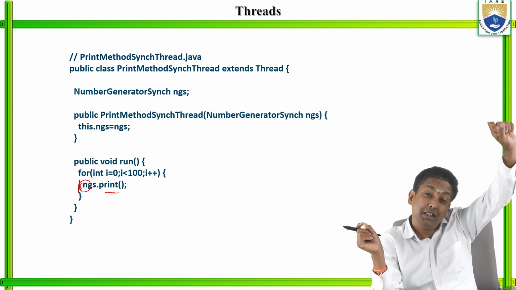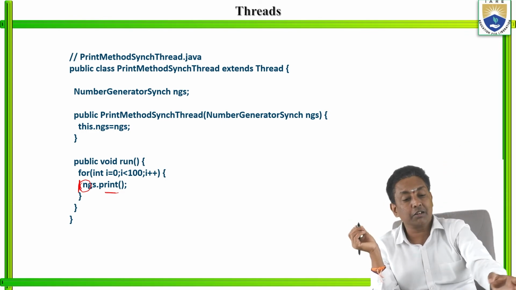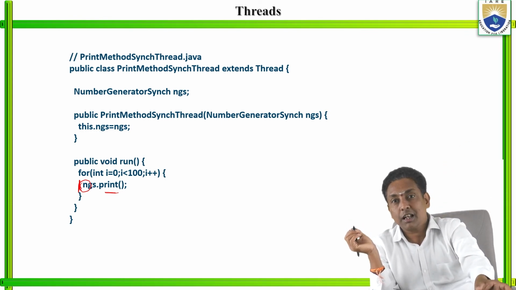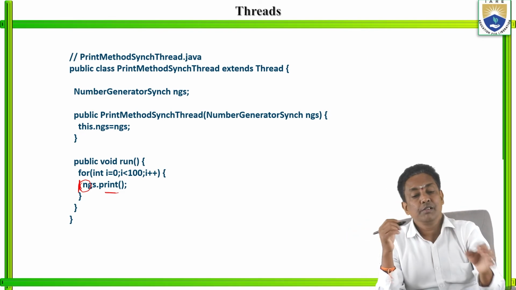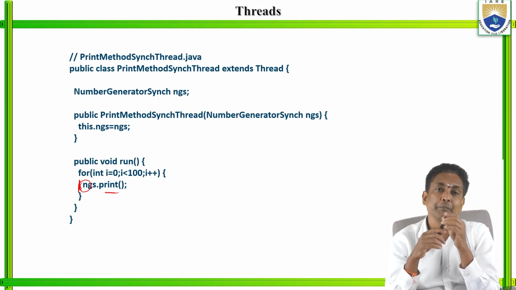The method synchronization keyword is removed, but the logic remains the same. Instead of declaring the methods as synchronized, we call these methods from the synchronized block. Once these methods are called from the synchronized block, the same effect happens.